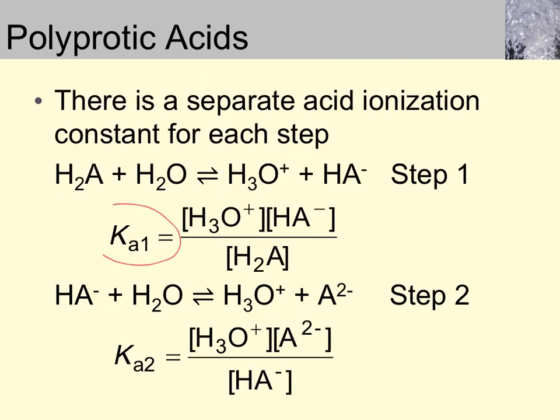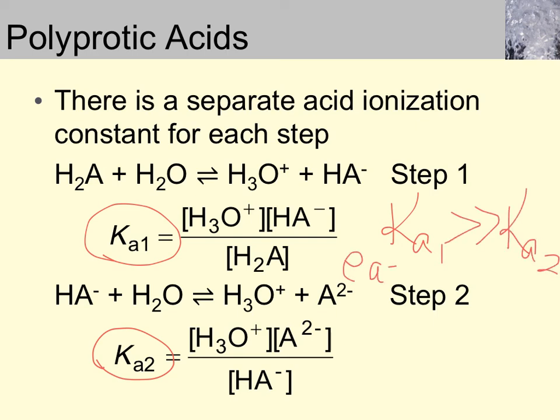So be familiar with this, how to write that out for step 1 and step 2 for a polyprotic acid. Ka1 and Ka2 are quite different, as you would expect. Ka1 is always quite a bit larger than Ka2 because it's a lot easier to donate the first proton. It takes a lot more energy to donate the second proton because you already have a negative charge.